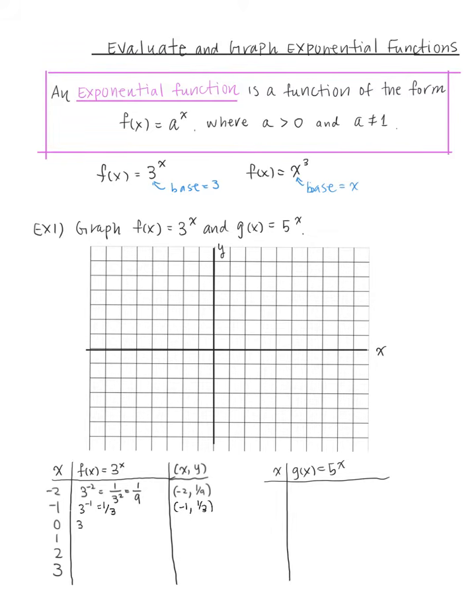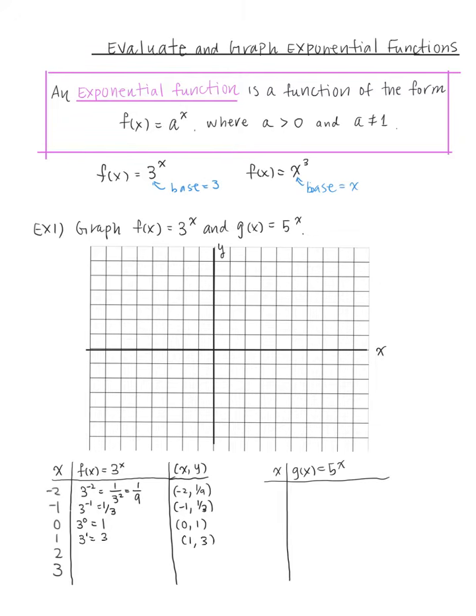When x is 0, we have 3 to the 0. Do you remember what that is? Yup, 3 to the 0 is 1, so we have 0 comma 1. When x equals 1, it's just 3 to the first, which is just 3, so we'll plot 1 comma 3.